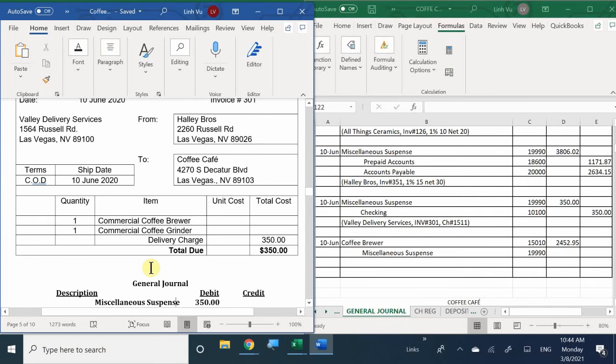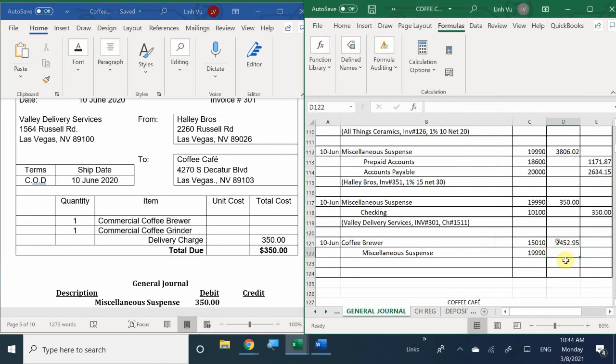So like I've mentioned before, the shipping here, we're going to assume that the coffee brewer and the coffee grinder are both the same weight. So in this case, I'm going to divide the $350 into 2. So how much am I actually going to be placing the shipping cost on the actual brewer? 175. 175. So what is $24.52.95 plus the 175?